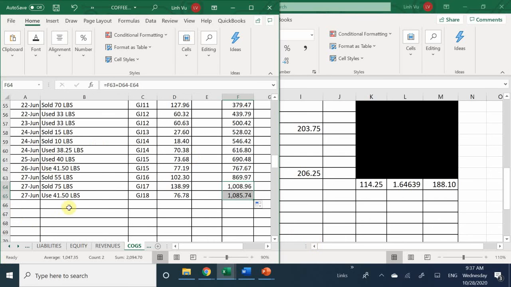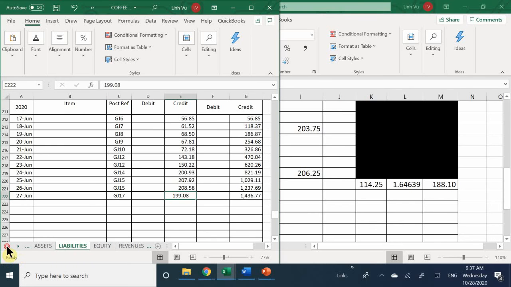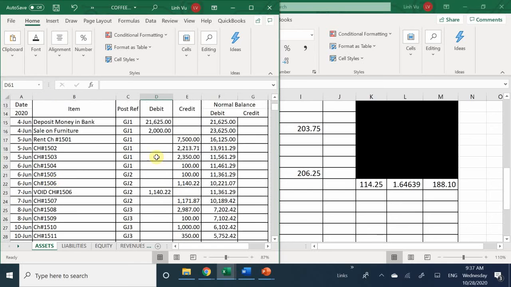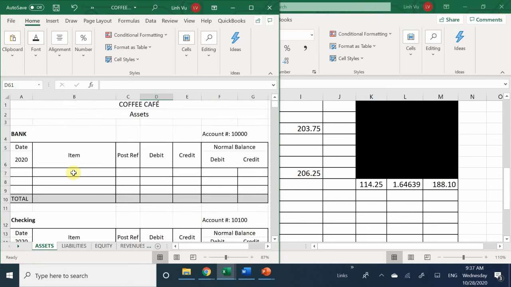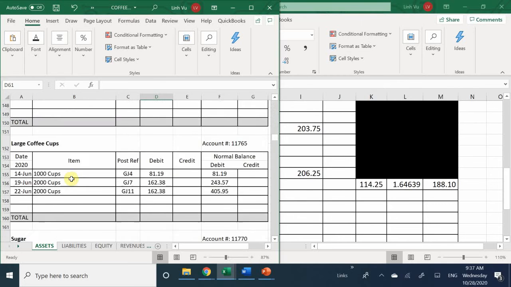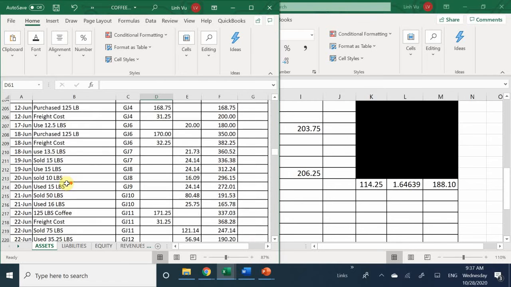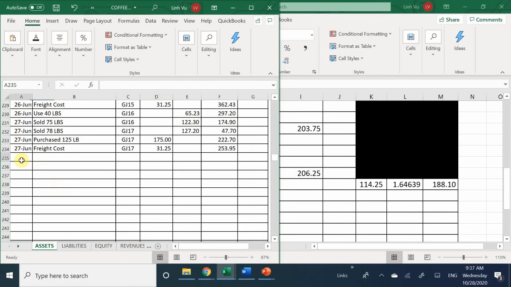Yes. Good. And then we go to our assets and go to regular coffee. Here we are. Assets, regular coffee. And then we're going to put the date of 6/27, used 40 pounds.